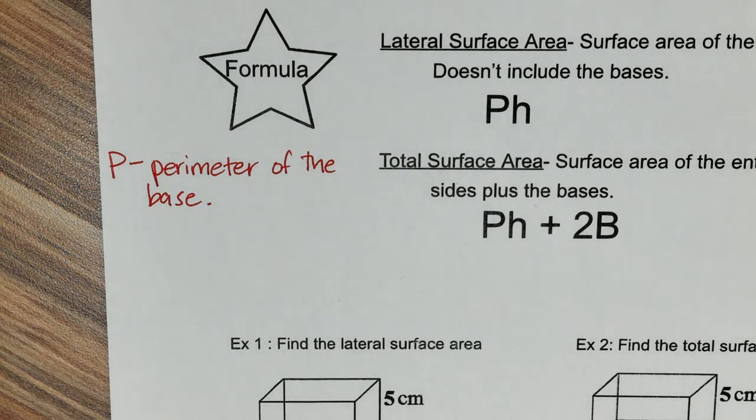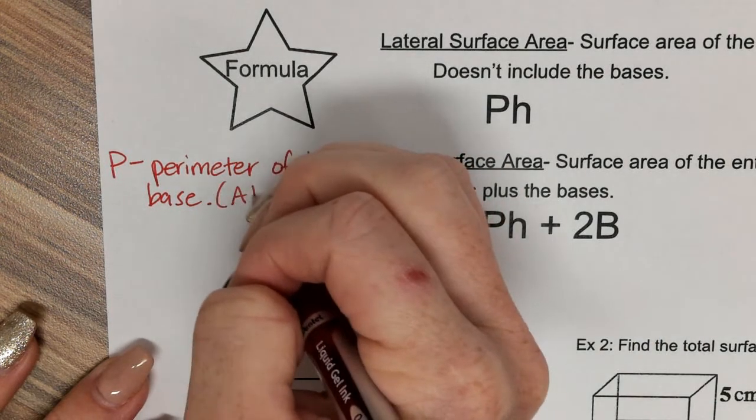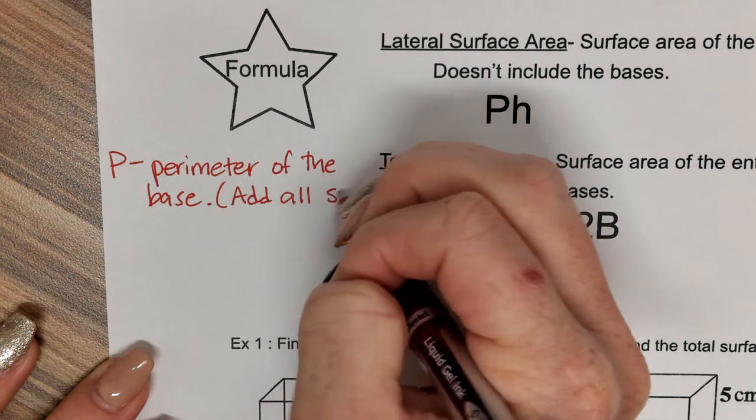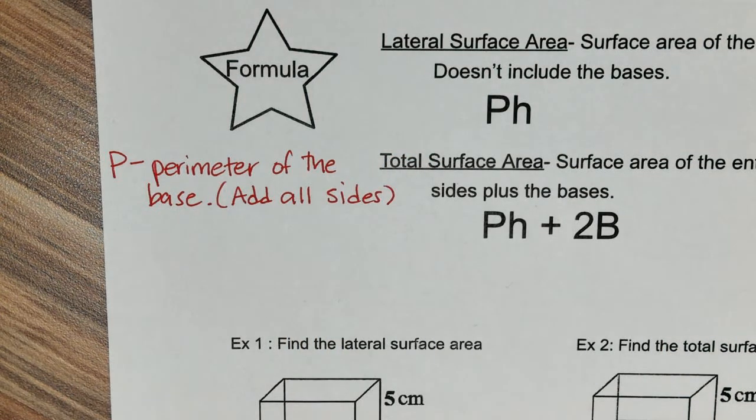How do you find the perimeter of the base? Add all sides. So in parentheses, I want you to put add all sides. It is very important that the P is a capital P, because anytime it's capitalized, it refers to the base.